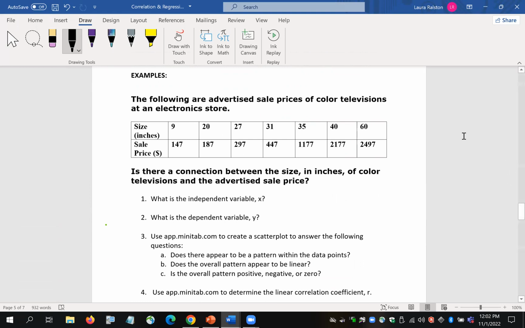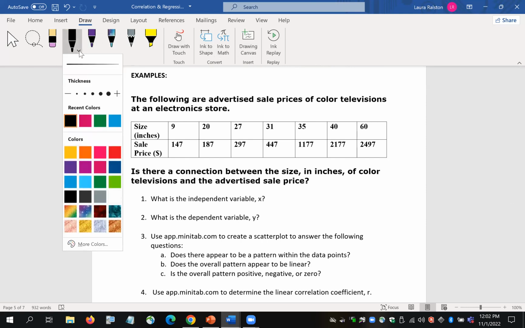So in the table, you're given the size of the television in inches and then the sale price. So the question is, is there a connection between the size in inches of color televisions and the advertised sale price?